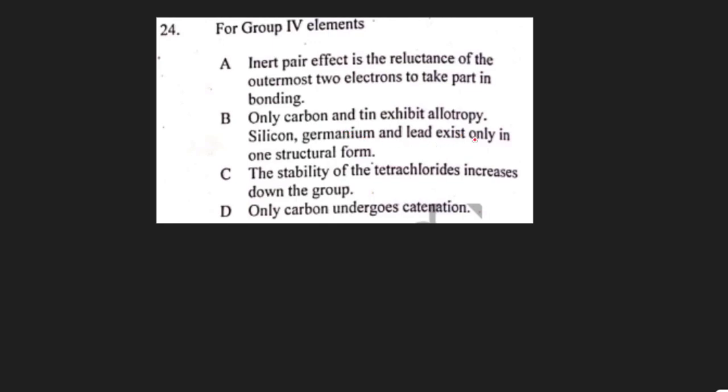Silicon, germanium and lead only exist in one structural form, which is true. And it makes B our answer. The stability of the tetrachloride decreases down the group. And carbon catenates and others do catenate as well, but carbon catenates extensively. So B is our answer.